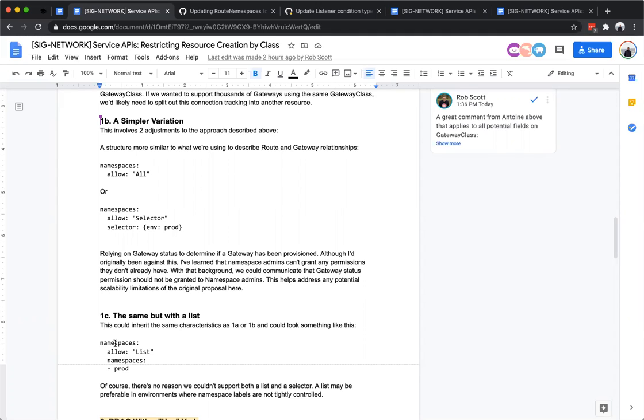So I imagine if we did a list, we would probably also want to support a selector. Anyway, so that's a summary of all the variations of that first approach that is most similar to what we have right now. Any comments or thoughts on this section of approaches?